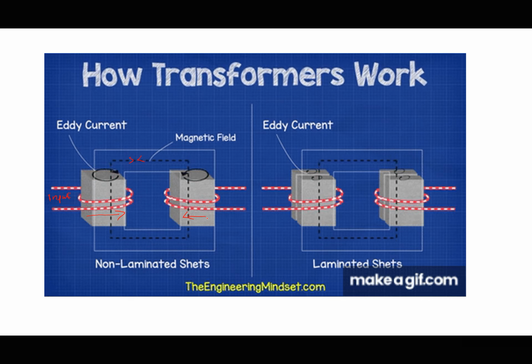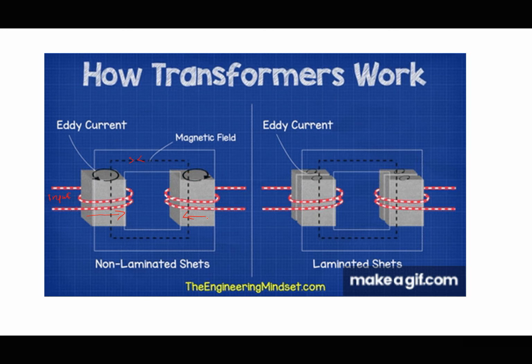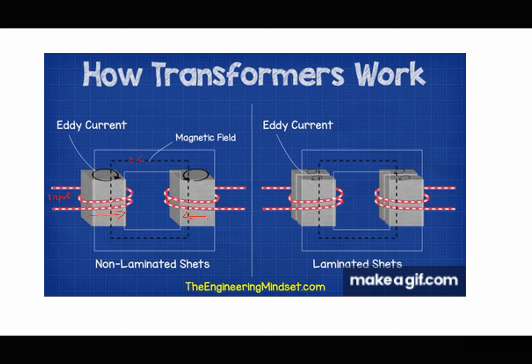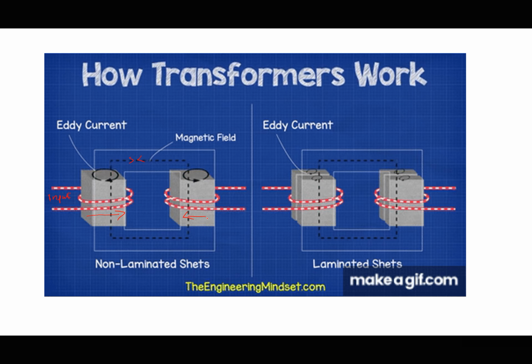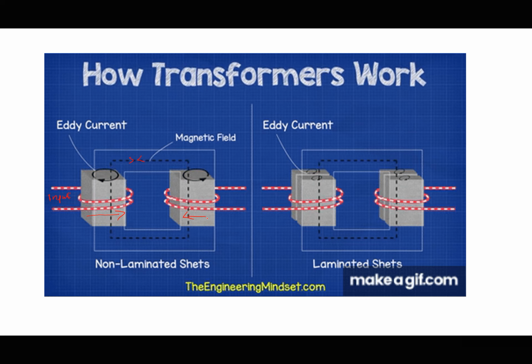Later on in electromagnetic induction, you talk about Lenz's law to understand what we are talking about here. Because according to Lenz, the direction of the induced EMF is always such as to cause effects that oppose the change producing it. So the induced EMF and the input EMF are always 180 degrees out of phase.